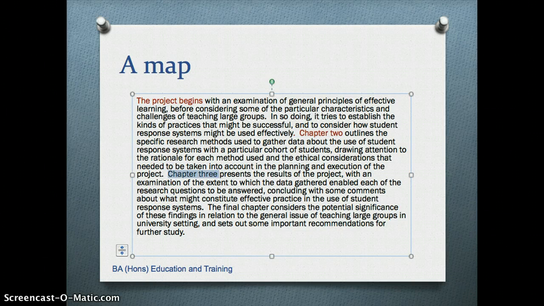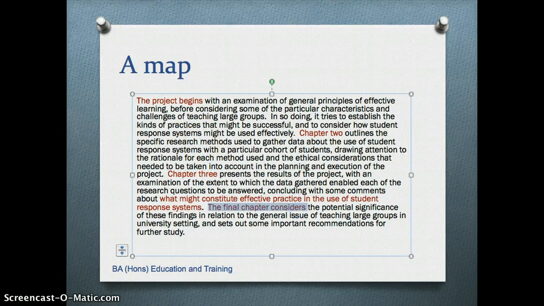And then we're introduced to chapter 3, the results of the project, and it talks about the way that the data gathered helped the researcher to answer their research questions. And as a result of looking at that data, you'll notice that this chapter also begins to draw some potential conclusions about the effective practice of using student response systems. And then the final chapter to the project considers what is significant about these findings.